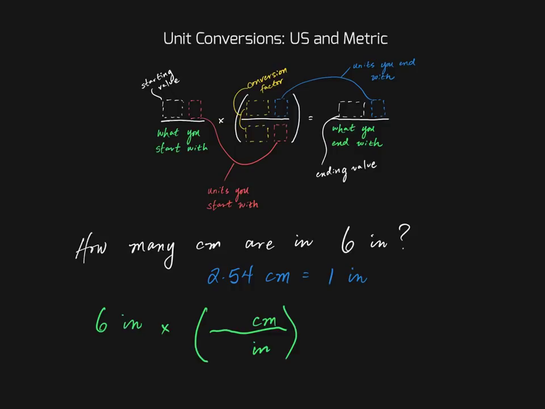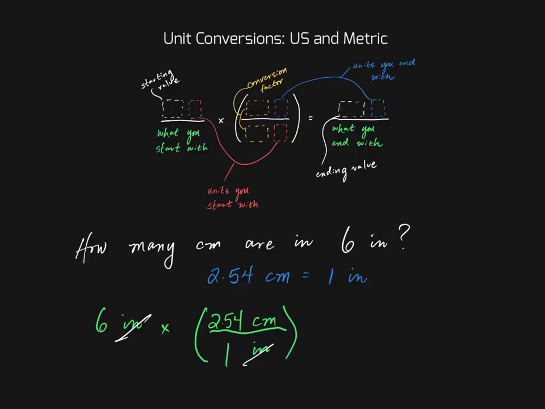Now we just need to plug in our conversion factor. Okay, if you take a look up here, we need to plug in our conversion factor up here. So again, we know that for every inch, there's 2.54 centimeters. So we're going to plug in 1 inch, 2.54 centimeters. And again, just basic math. If we're multiplying across like this, we know that our inches are going to cancel out.